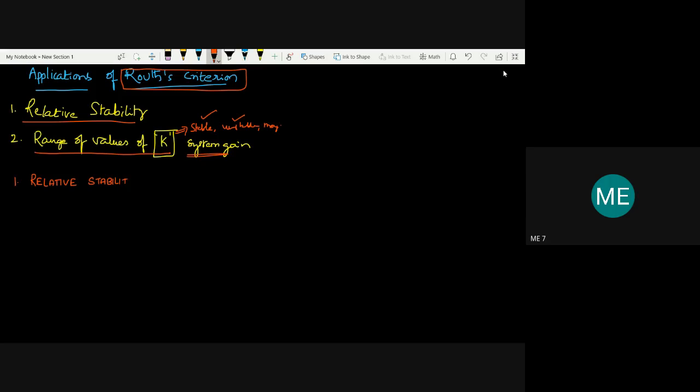The name says relative stability: stability of any system with respect to some point or some line. Say I have an S-plane like this, with the real axis and the imaginary axis, and the origin at S equal to 0. And I have one more line at S equal to minus sigma.